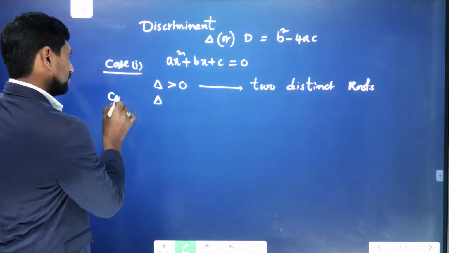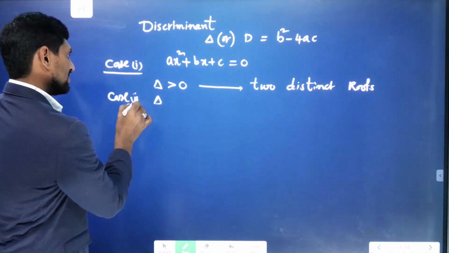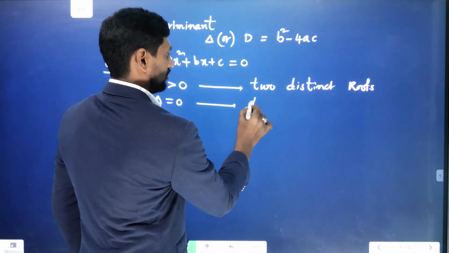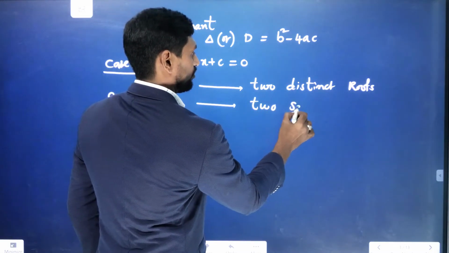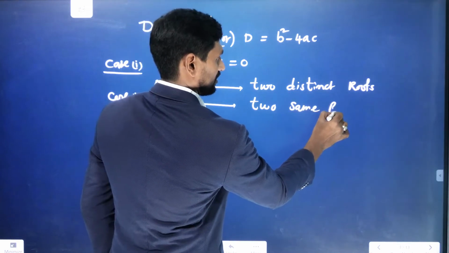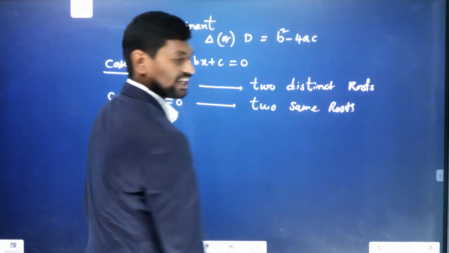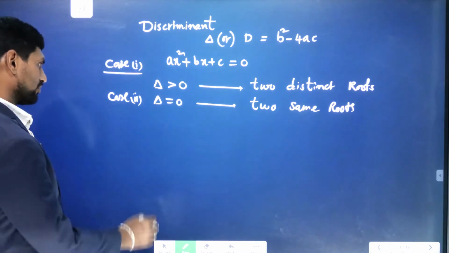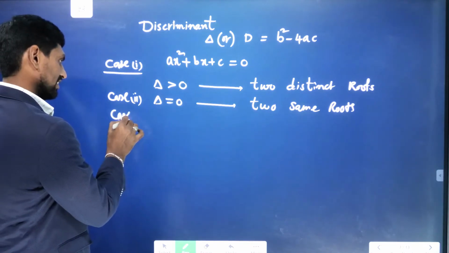Case 2: the discriminant is equal to 0, we get two same roots.